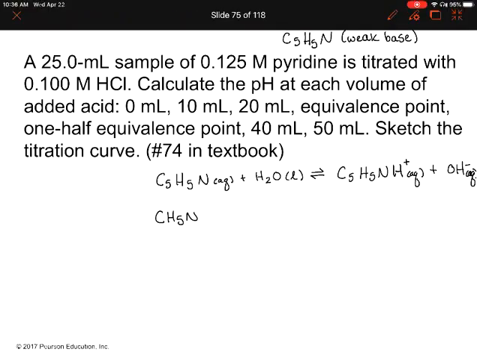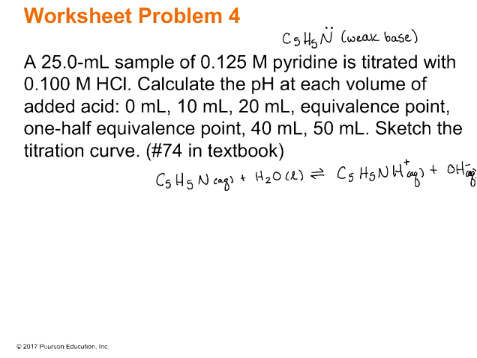Actually, I'm going to give myself more room. I tend not to give myself enough room, as you probably have noticed. Okay, so let's write reactants and then products. This is really similar to how we would calculate the pH of a weak acid or weak base solution before.